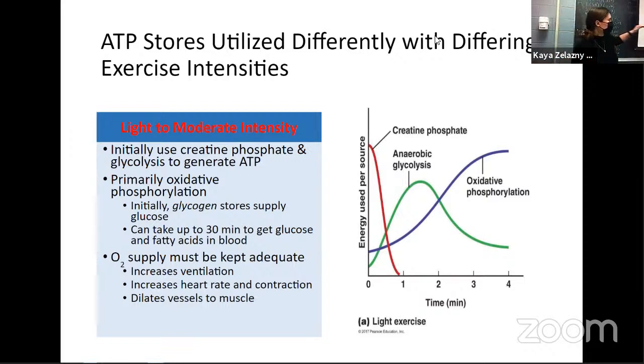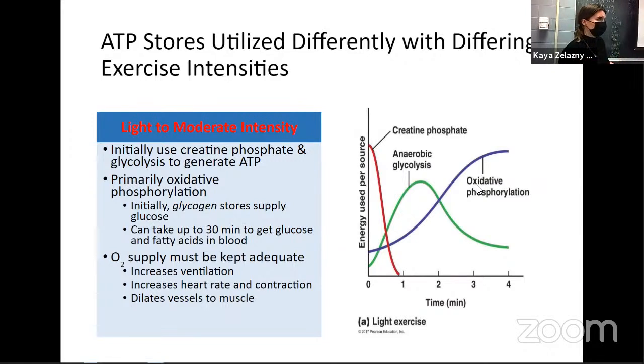Now, because we're ultimately going to be using mainly oxidative phosphorylation in light to moderate activity, this means that we need to have oxygen, right? Oxidative phosphorylation, aerobic respiration requires oxygen, that final electron acceptor at the end of this process.